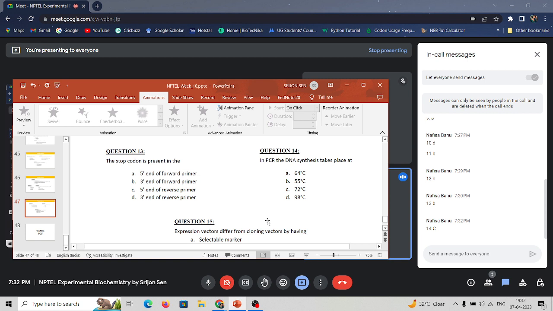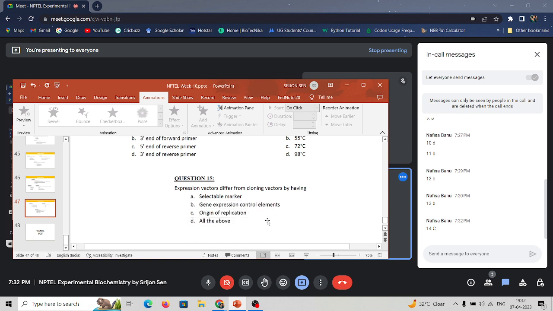Yes, 72 degrees centigrade. That is correct. Now the last question. Expression vectors differ from cloning vectors by having. What do these expression vectors have or not have?